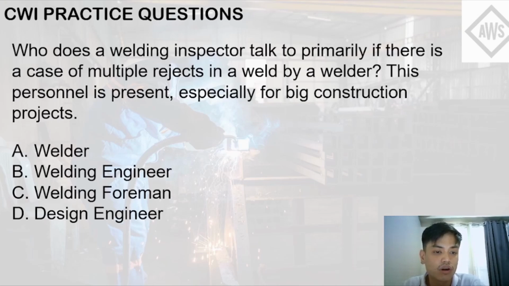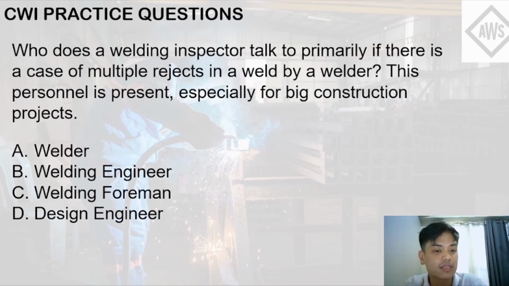Letter C, the welding foreman, is a good answer because the welding foreman is the reporting supervisor for the welder. He has the rapport and the empathy to talk to the welder in case of multiple rejects and explain to him how he can rectify those defects.